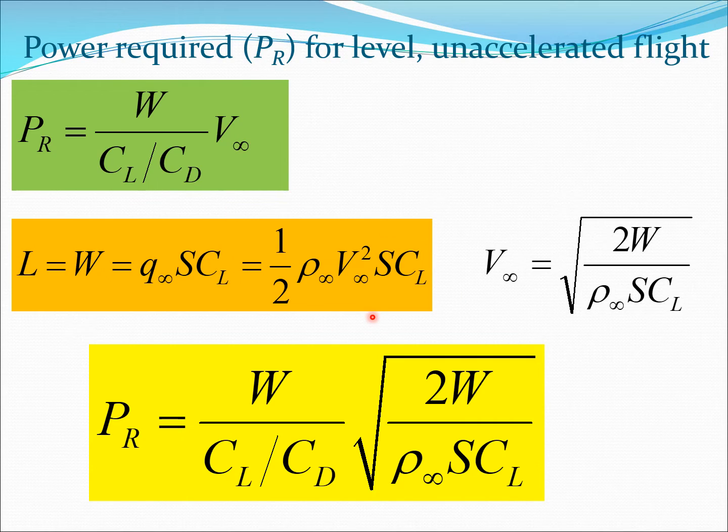So from this definition, I can write V infinity as root of 2W by rho infinity S CL. It comes simply from this equation, using the fact that lift equals weight in steady level flight. Now this V infinity we substitute back into the PR equation, and this gives us PR is W by CL by CD into root of 2W by rho infinity S CL.